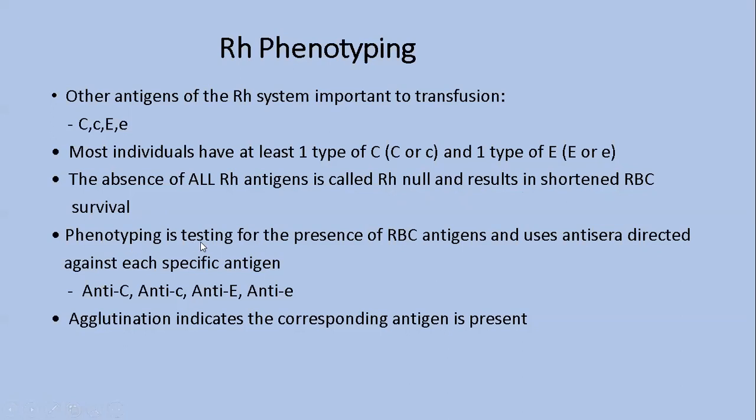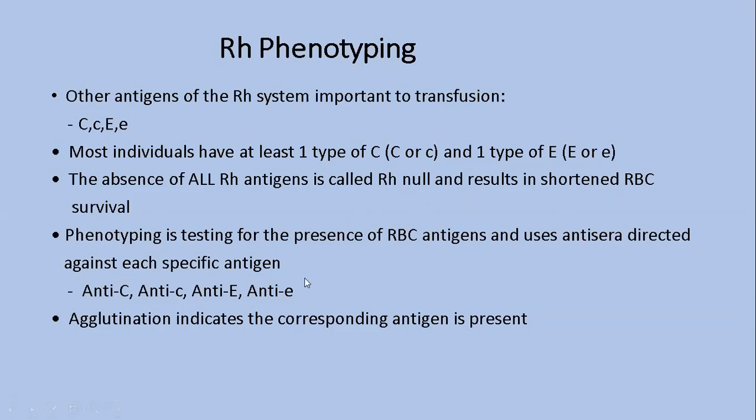Phenotyping is the term we use for testing when we're trying to determine which antigens are present on red blood cells. And to do phenotyping, we use known antisera directed against each specific antigen. So this is really very similar to forward typing that we do with ABO.